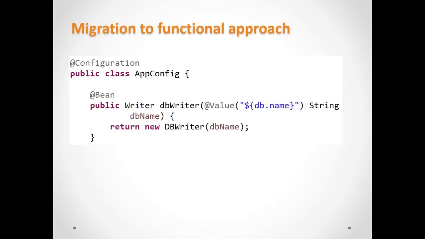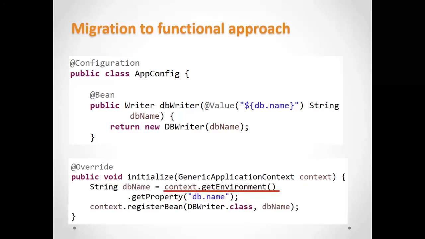configuration. Is it easy to migrate from Java configuration to functional configuration? For example, we have a bean DB writer, and this bean requires a property that you access from your environment. How can you migrate this code to functional approach?